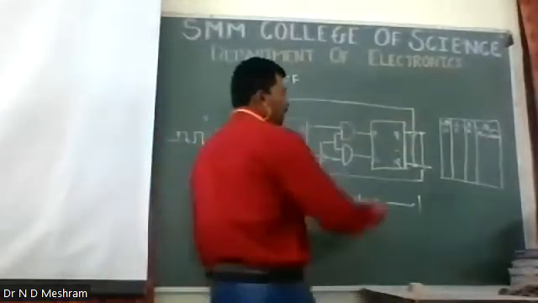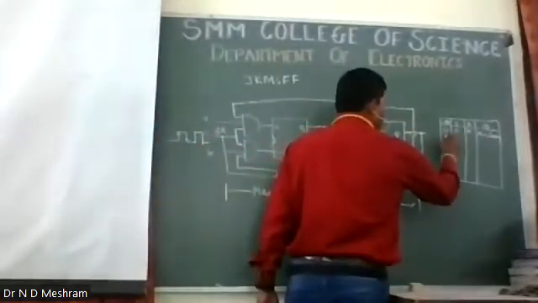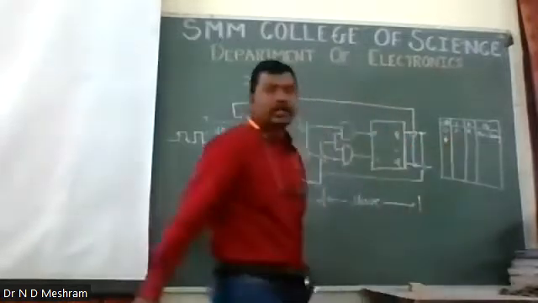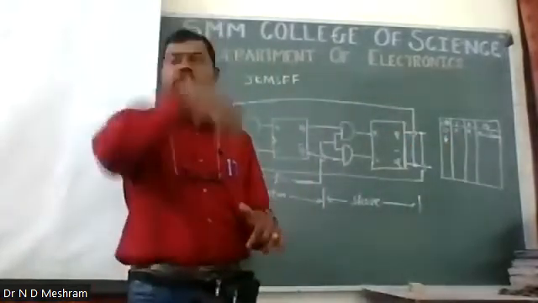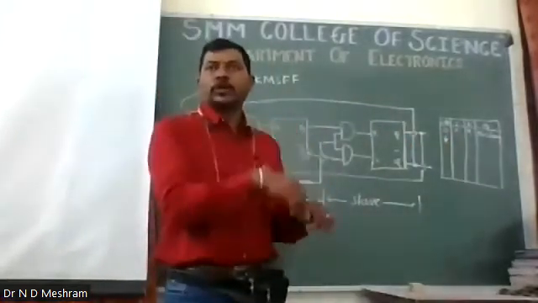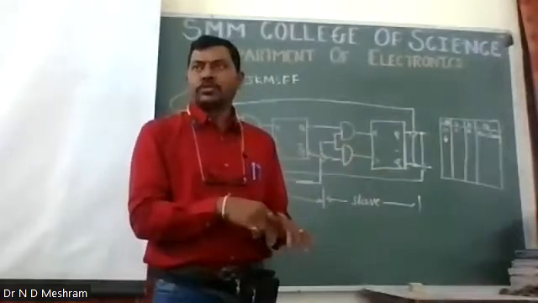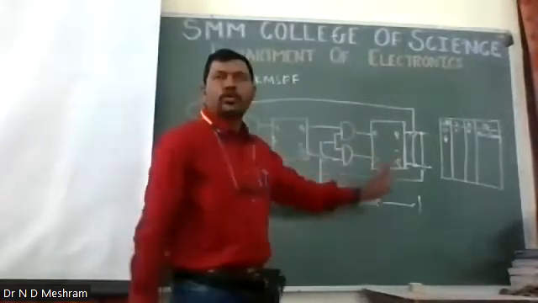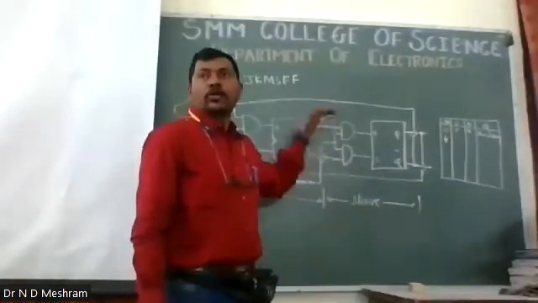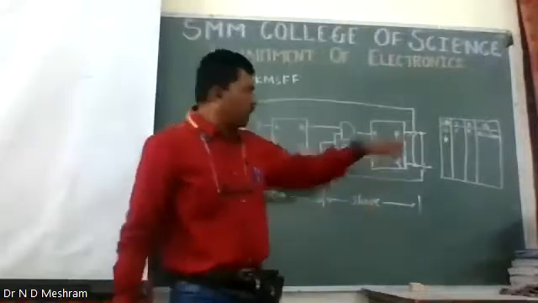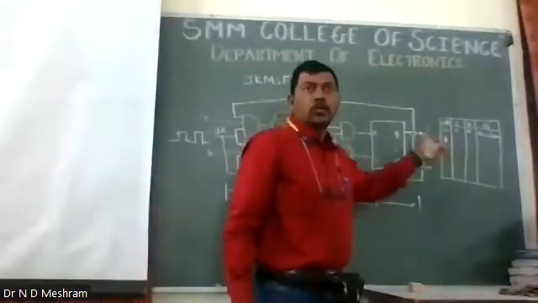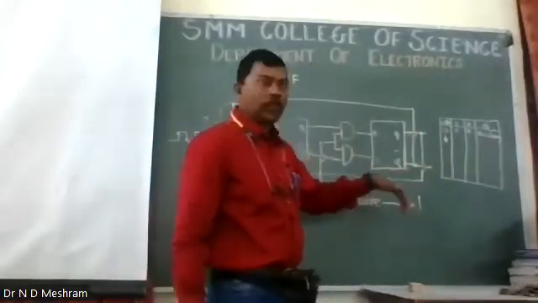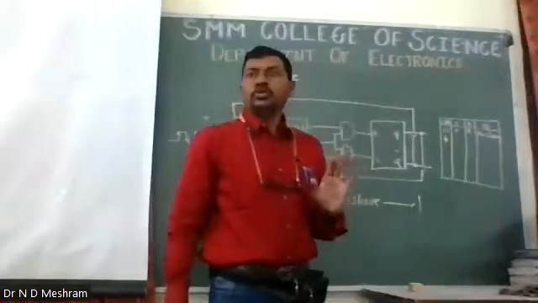Second, when the clock goes low, this flip-flop is going to work on the negative edge. That's why I have written an arrow pointing downwards, which shows that this flip-flop works on the negative edge. So when the clock goes low, only then is the output going to change.